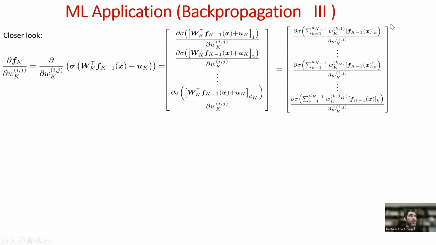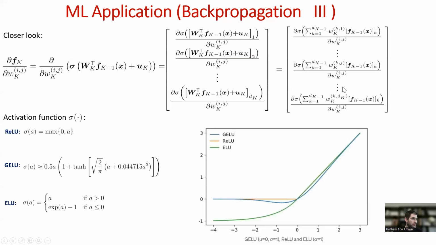So it's a slight typo here. In the argument of this activation function, it should always be plus u_k: plus the first component of u_k, plus the j-th component of u_k, and so on.